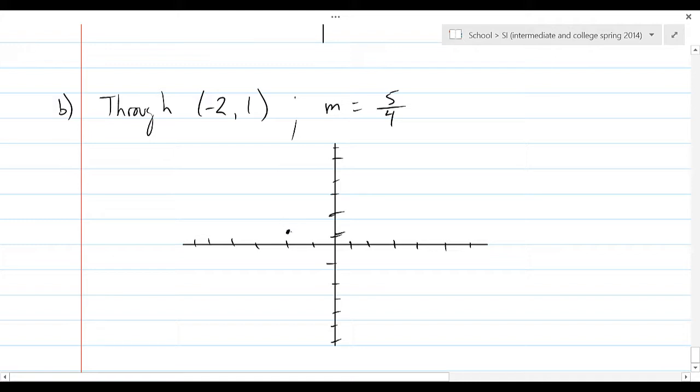And the slope is 5 over 4. And that translates into rise over run. So we go up 5: 1, 2, 3, 4, 5. And we run 4. So we're up 5, and then we go 1, 2, 3, 4. There's our second dot. Now let's connect them.